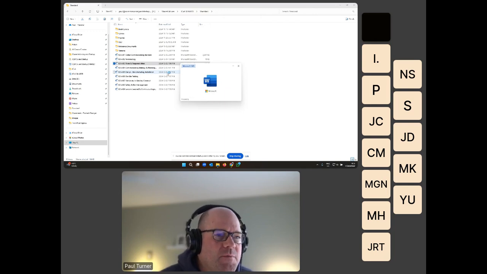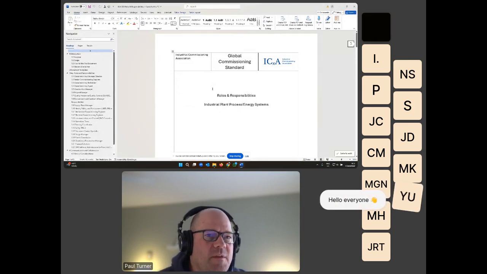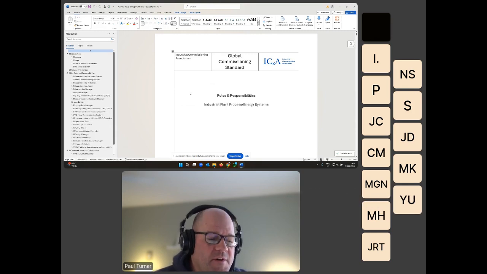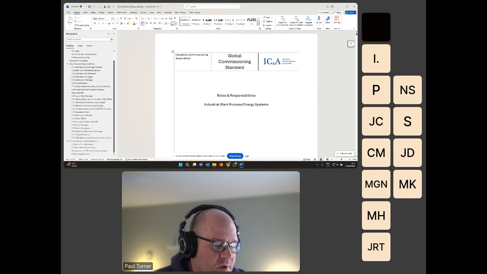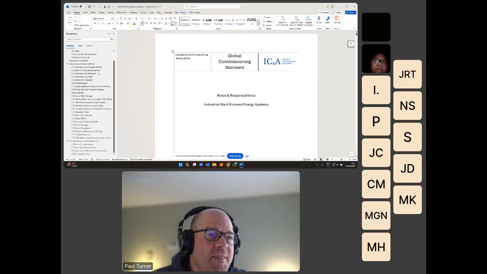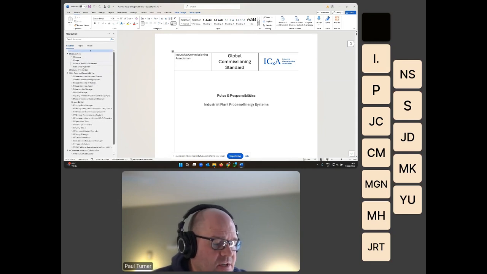And what are the roles and responsibilities for that particular individual? And then how do these individuals interact with others within the commissioning process or others that are supporting the commissioning process? So this will be a super helpful document that lists all of the commissioning roles that you would expect to see. And this can, of course, be scaled up or down depending on the size of the project.